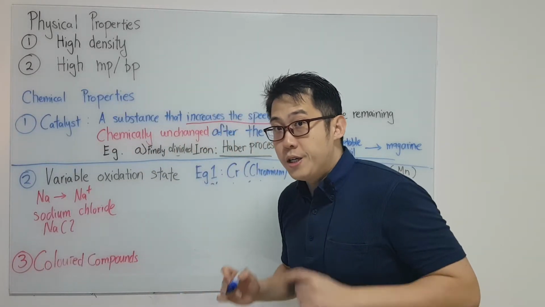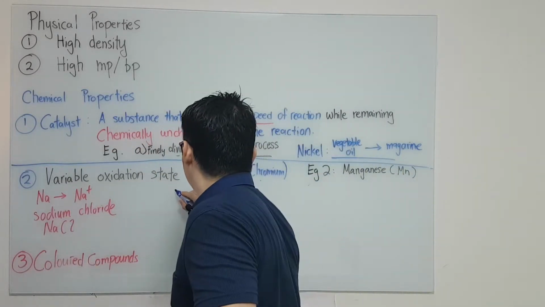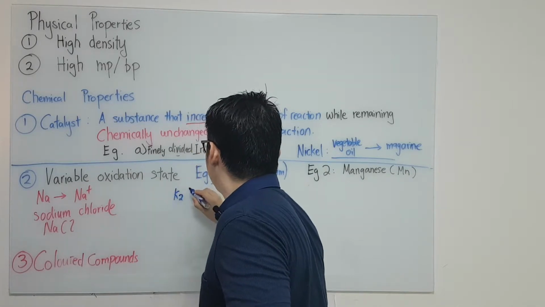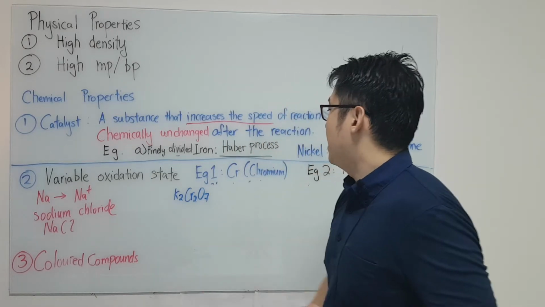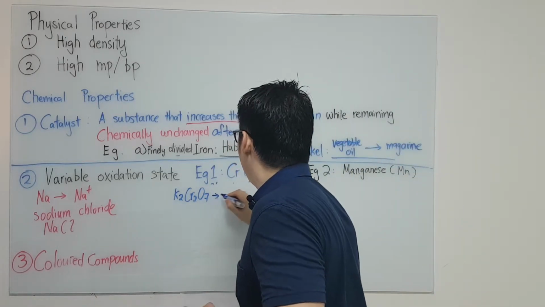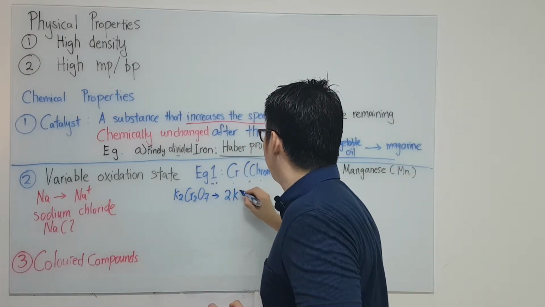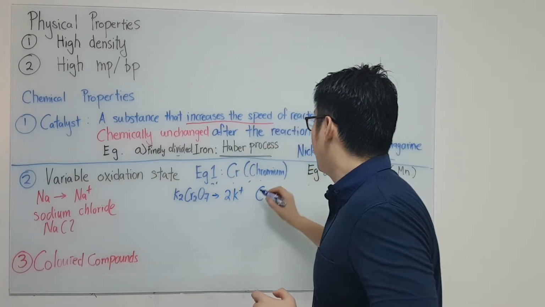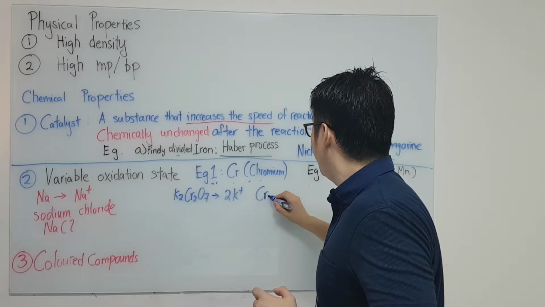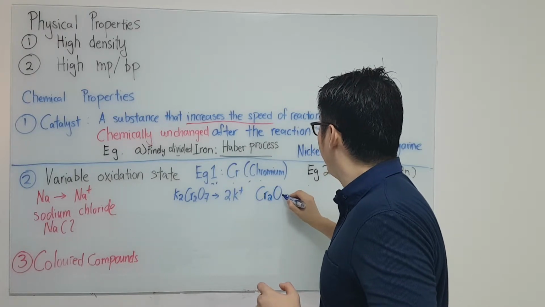So the formula is potassium dichromate, K2Cr2O7. That means that in this case, it is actually made of 2 potassium as well as 1 dichromate ion.